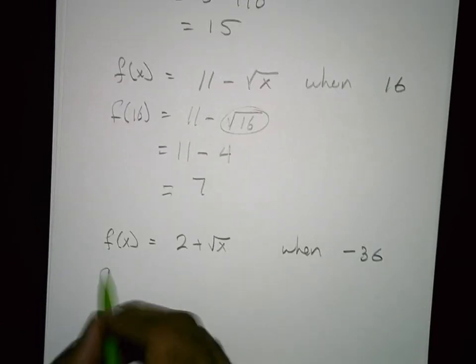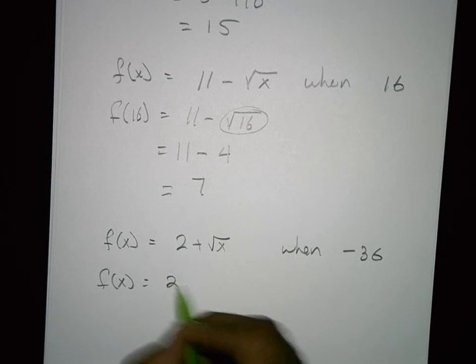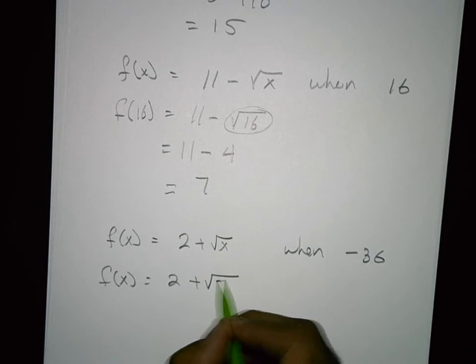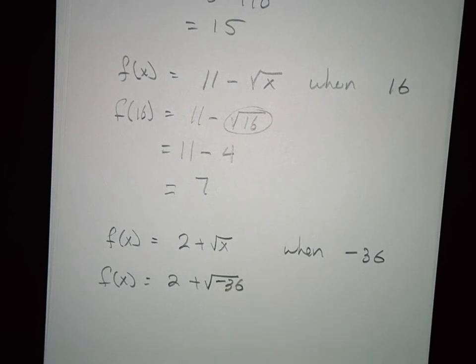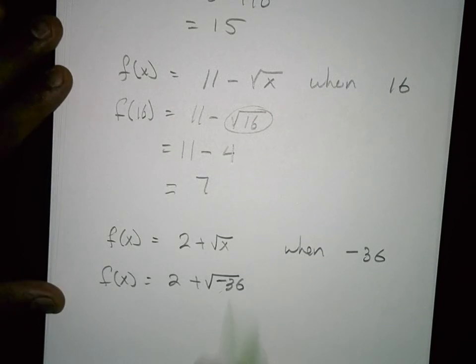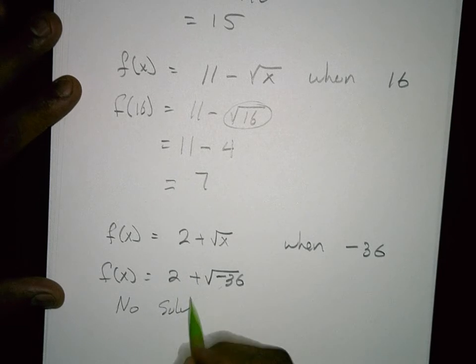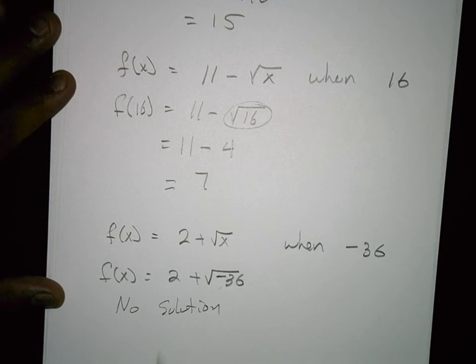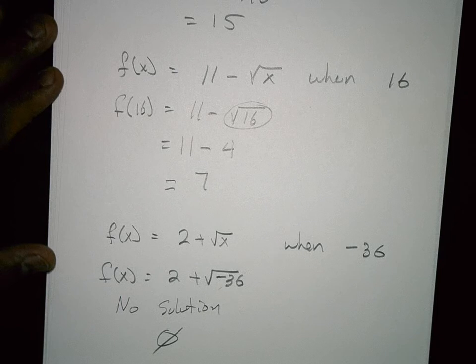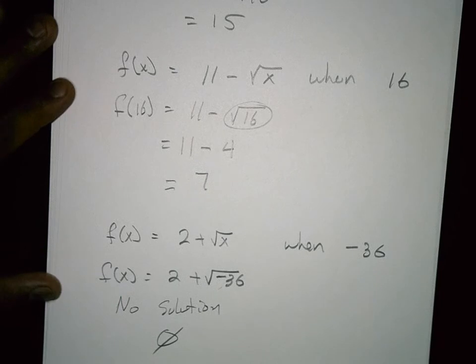All right, negative 36. When I look at this one, I ask myself, what times itself gets me to negative 36? The answer to this one is no solution, or it's undefined. People get really confused by this.